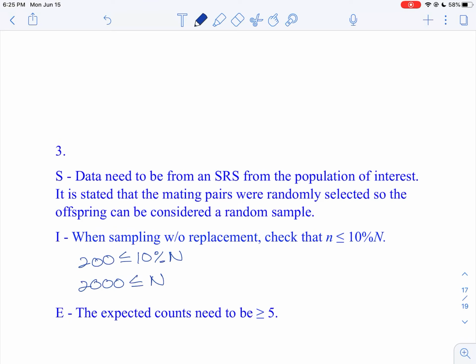I guess I should say the population of fruit fly pairs. So there would have to be technically more than 4,000 fruit flies, of which 2,000 are male and 2,000 are female. But either way, I think we're fine.